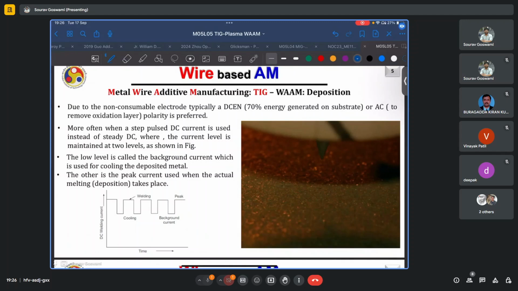Thus, typically we would use a DCEN or direct current electrode negative configuration, or an AC configuration for such cases. Often when a step pulse DC current is used, the current level is maintained at two levels as shown here. So rather than having one high constant current, we can simply have this square or rectangular waveform. The low level is the background current, which is used for cooling the deposited material, and the peak current is used for melting or deposition.